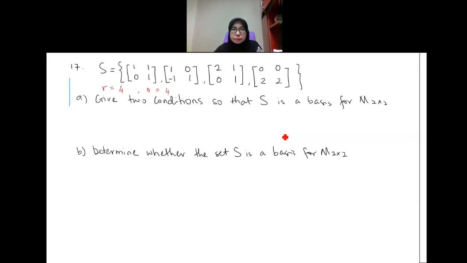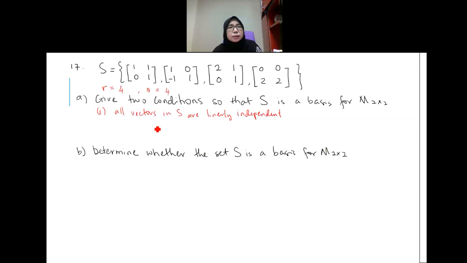Give 2 conditions. One condition: all vectors in S are linearly independent.